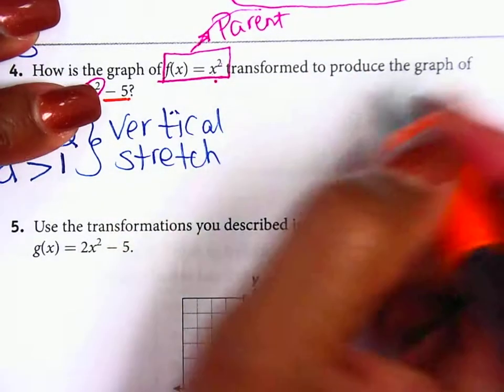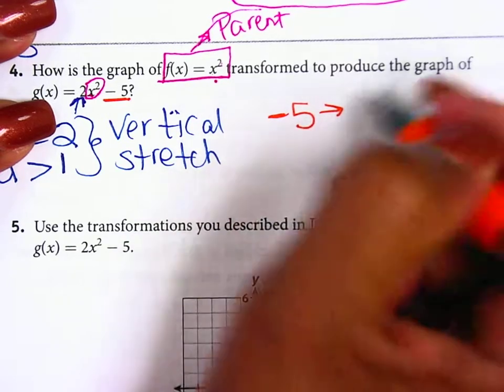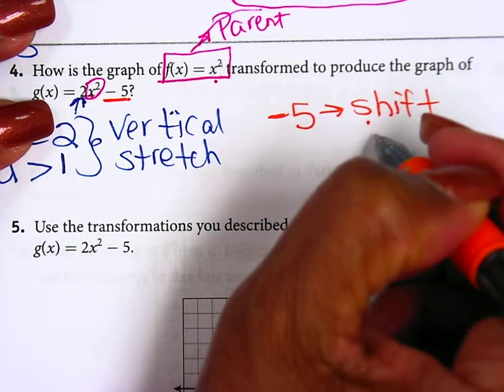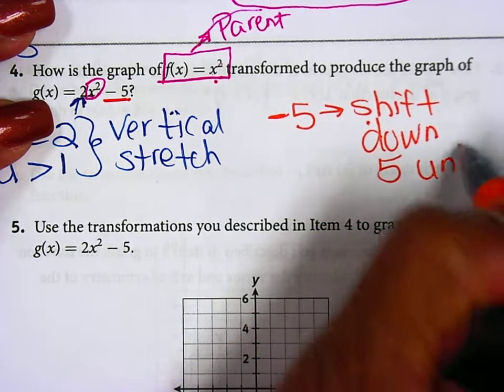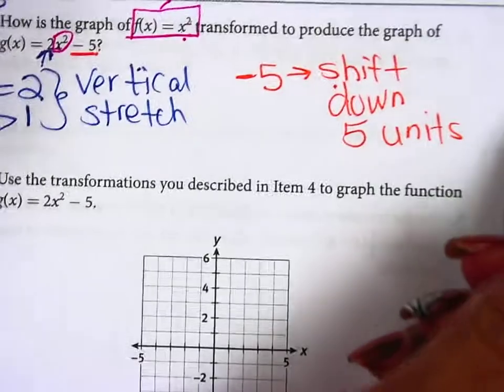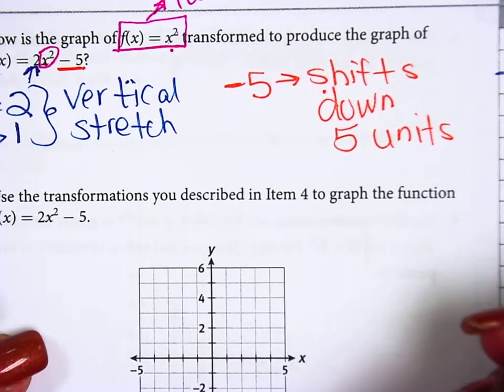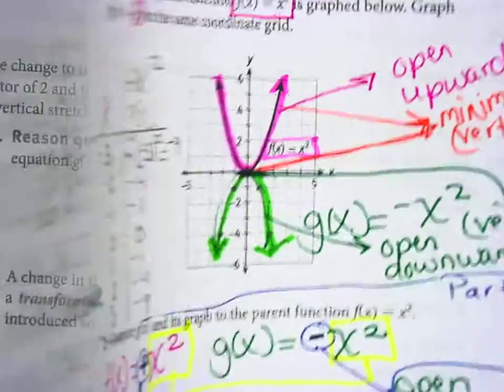So this portion here, the negative 5, means the graph shifts down 5 units.